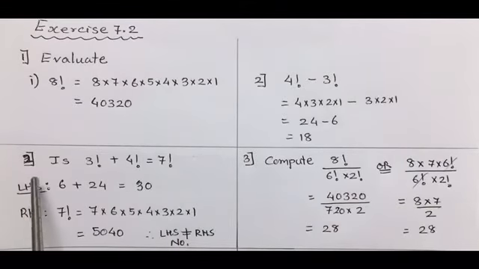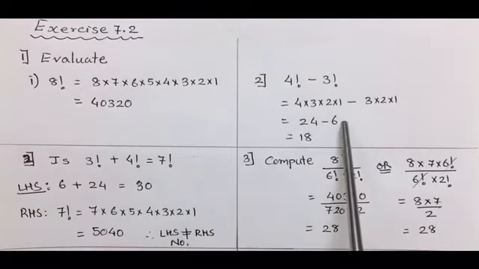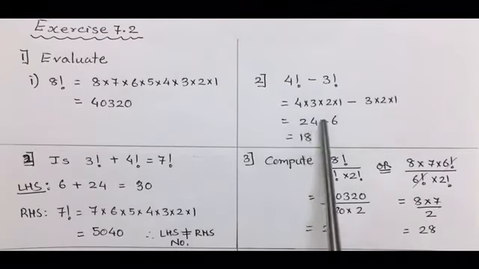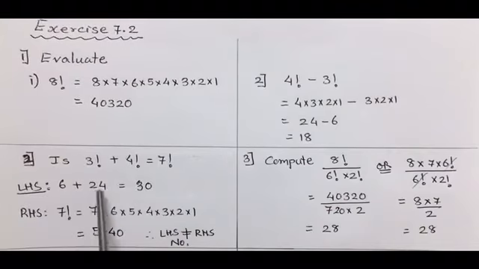Now question number 2 is, is 3 factorial plus 4 factorial equal to 7 factorial? Now taking up LHS, 3 factorial is 6, which is already calculated here. 4 factorial is 24. That is also calculated here. So 6 plus 24 gives 30 as the answer.